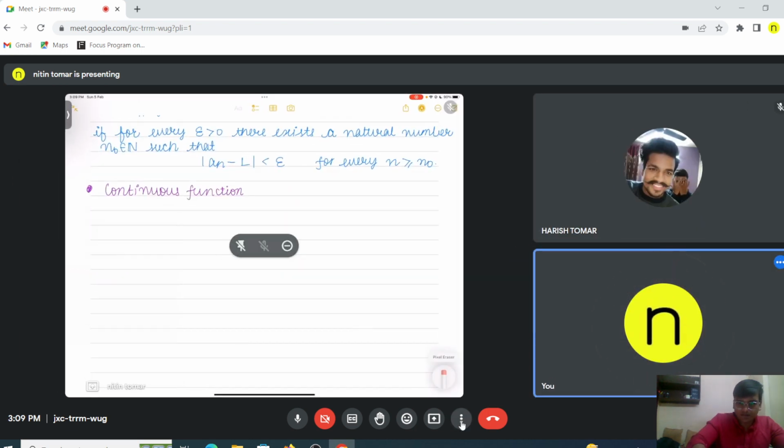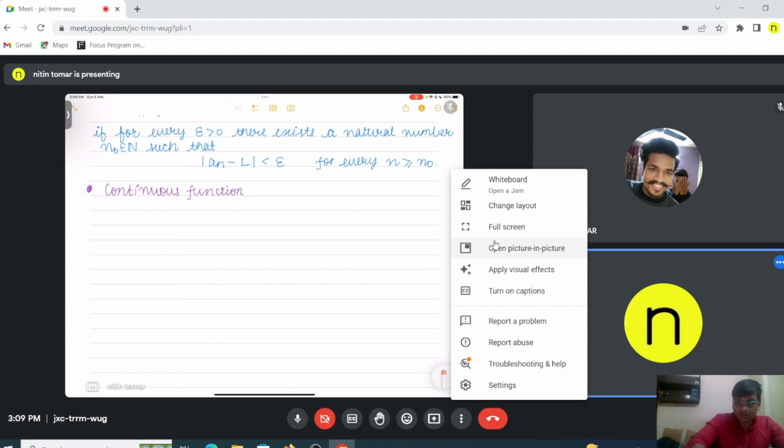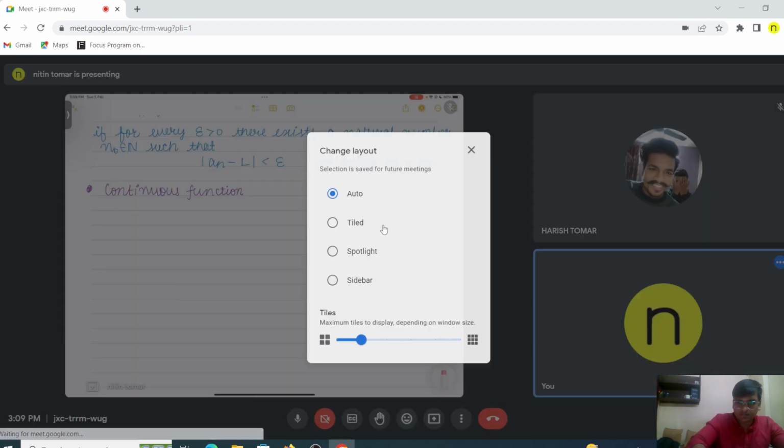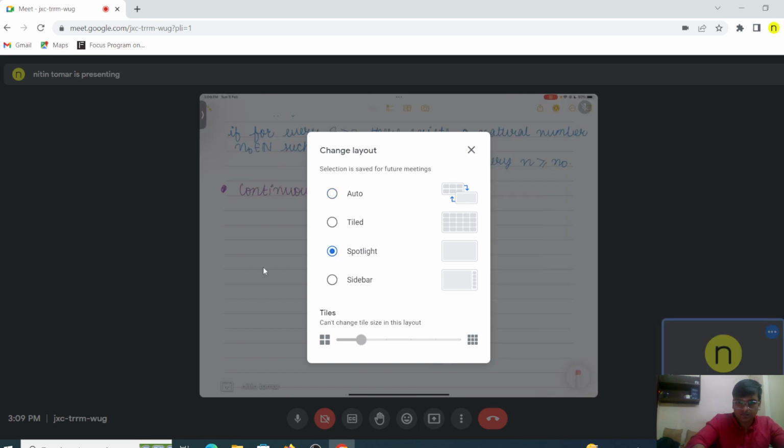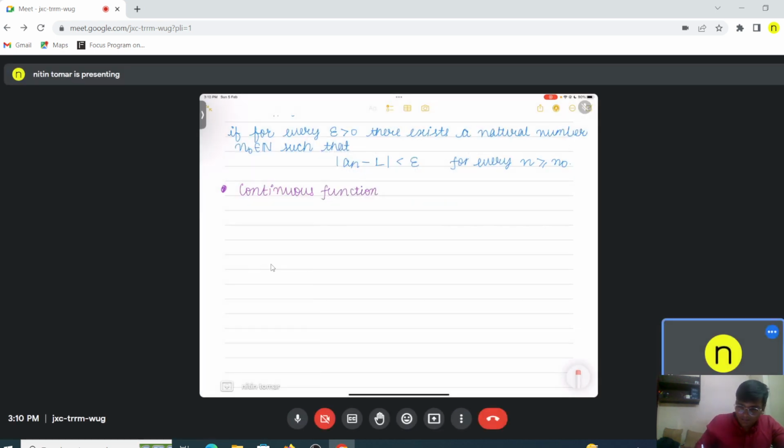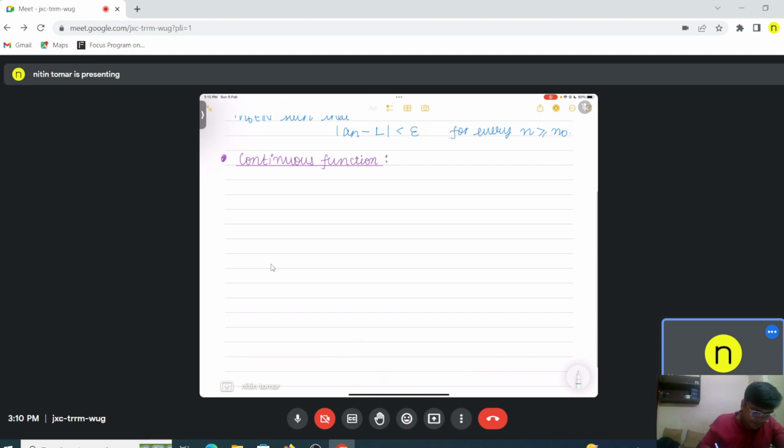Continuous function. So here the functions that we are considering are real valued.